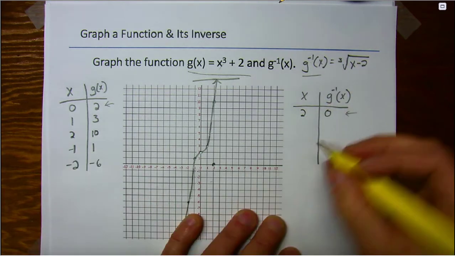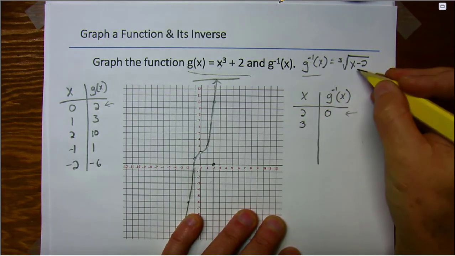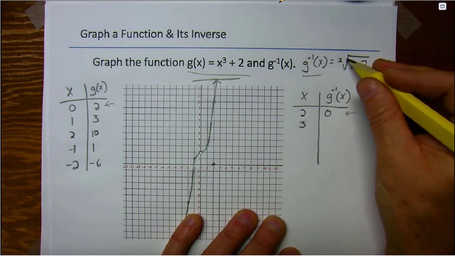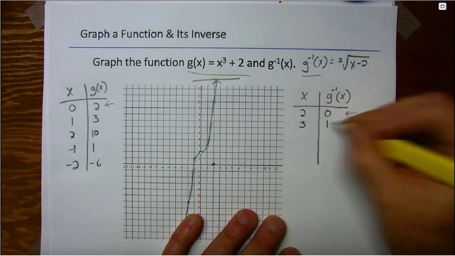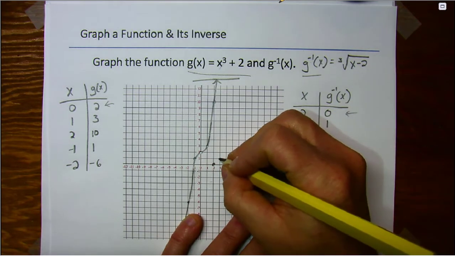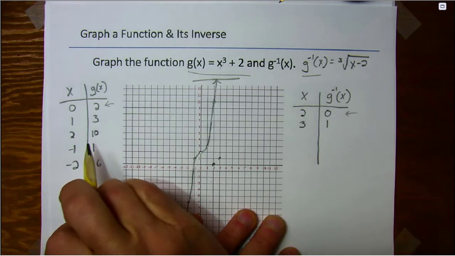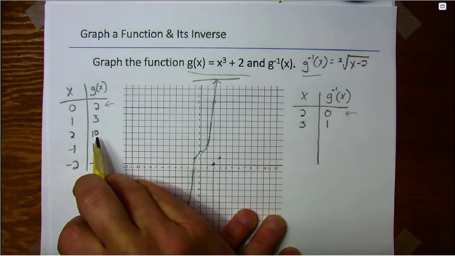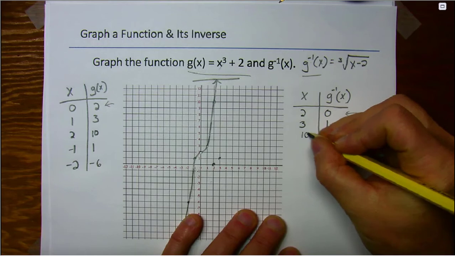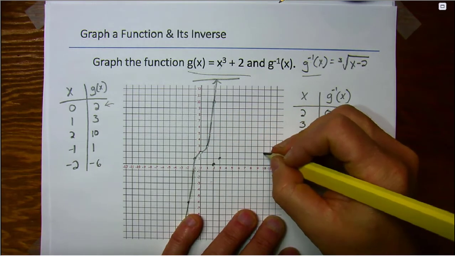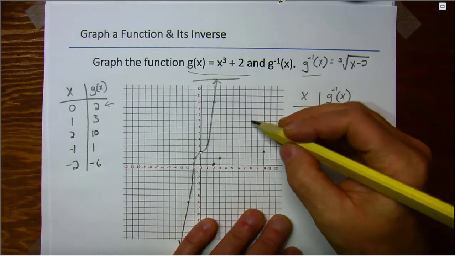Let's try another one. Let's plug in 3. If we plug in 3, we get 3 minus 2, which is 1. And the cube root of 1 is 1. It works. And so (3, 1) will be a point on our inverse function. All these have to be reversed. (2, 10) becomes (10, 2). And so (10, 2) will be a point on our graph. Graphically, look at what that means.